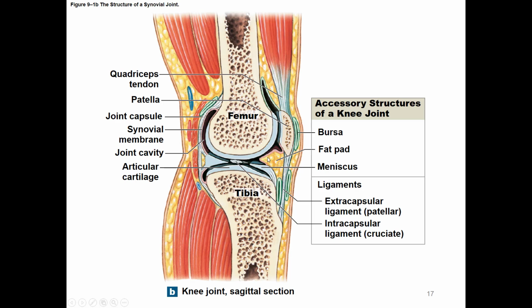Then we can see the fat pad. There's one right here in the front, and you can see that's cushioning the joint opening here. And then we've got specific ligaments that are going to have different names based on where we are, what joint we're looking at. So here's a ligament here, and here's another ligament here.